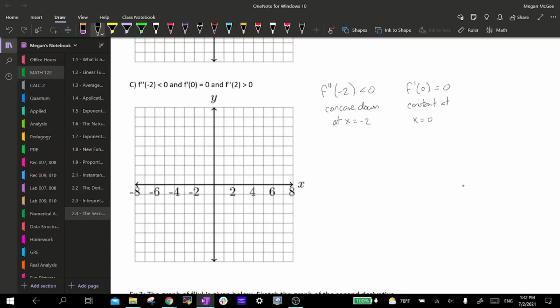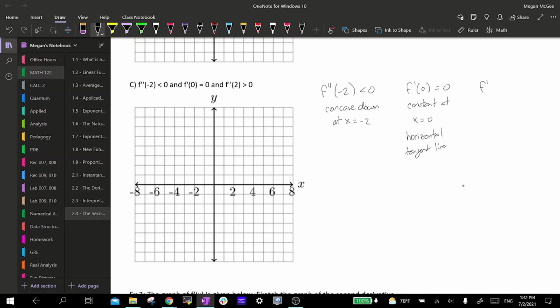It could be just for a moment, it could be for a long amount of time, and x is equal to 0 just happens to be in that time frame. Alright, we can also say that we have a horizontal tangent line here at x is equal to 0, because our derivative is our slope of the tangent line. So if our slope is 0, we have a horizontal line.